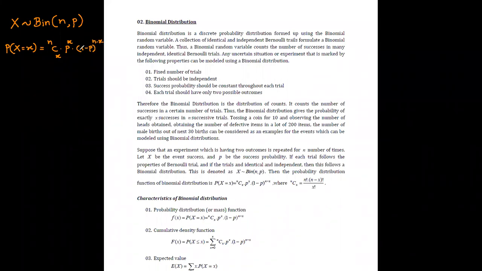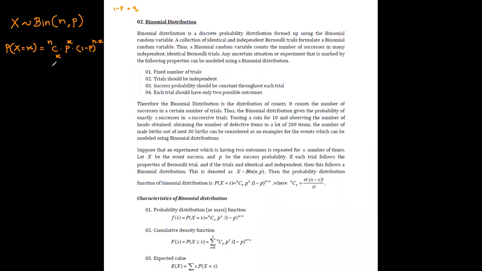Sometimes 1 minus p is given as q. If you see q in any notes or on the internet, just replace it with 1 minus p. Actually, q is the failure probability, in other words 1 minus p.